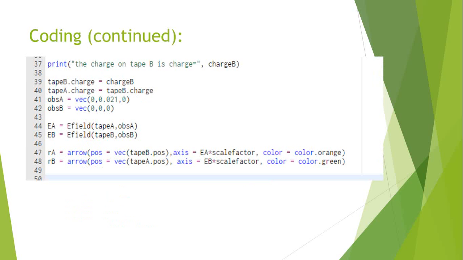Then I find the charges of tape B and tape A and their locations in order to calculate the electric field of tape A and tape B, and eventually I create the arrows of the electric field of tape A and tape B.